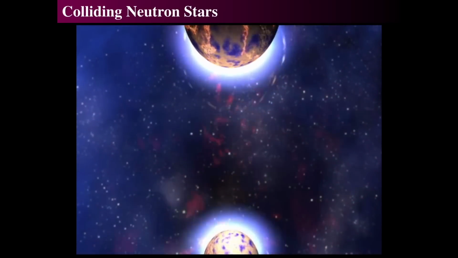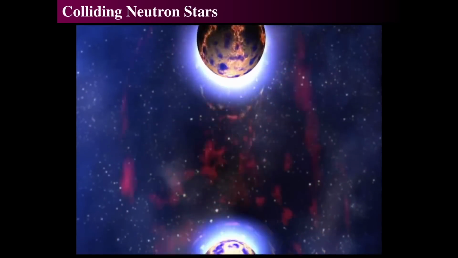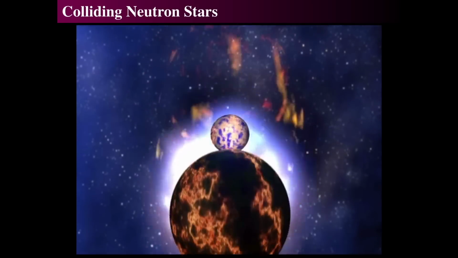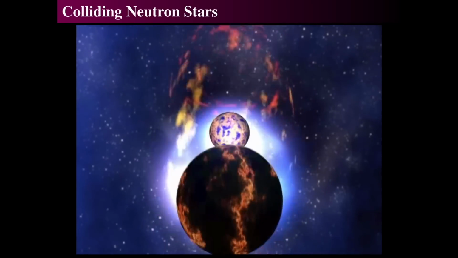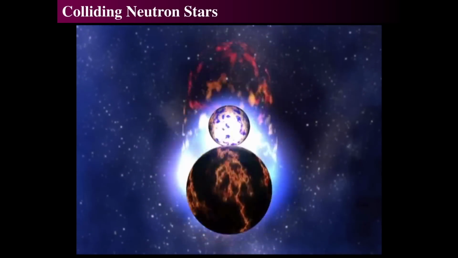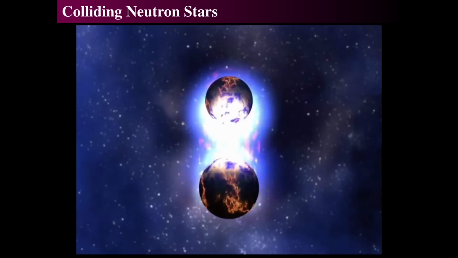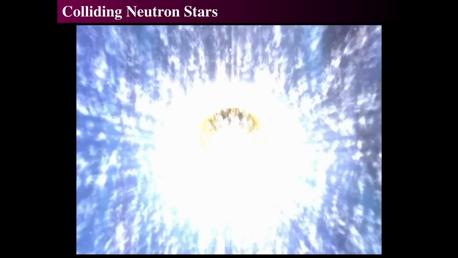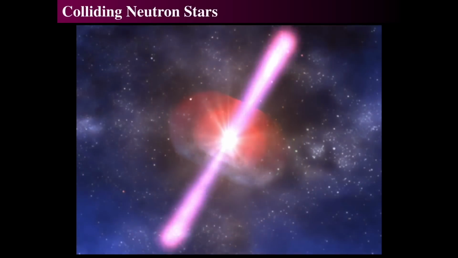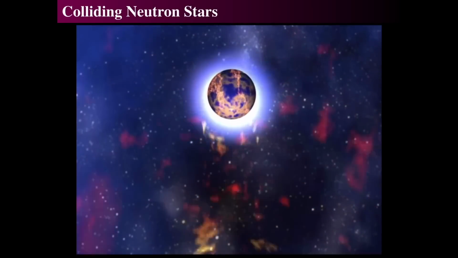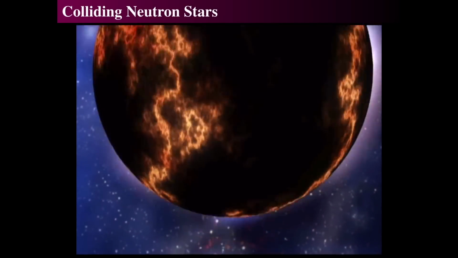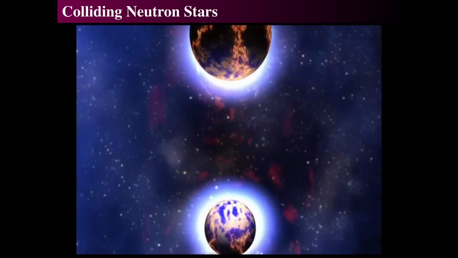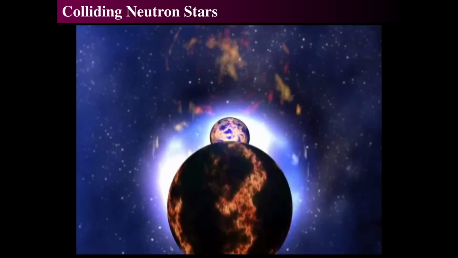And that is what we can see here: eventually, if they get close enough to collide, they would spiral around each other in the center of this globular cluster, among the ancient stars, as a pair of stars, and when they collide, they create a new kind of supernova called a kilonova. A colliding neutron star makes a kilonova, which is an incredibly powerful explosion of two colliding neutron stars.